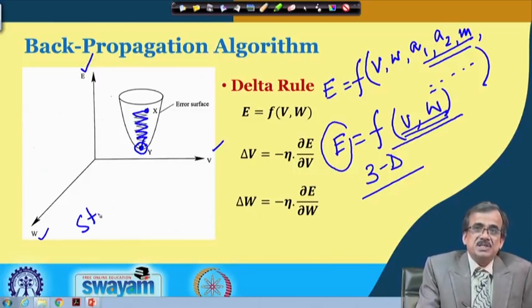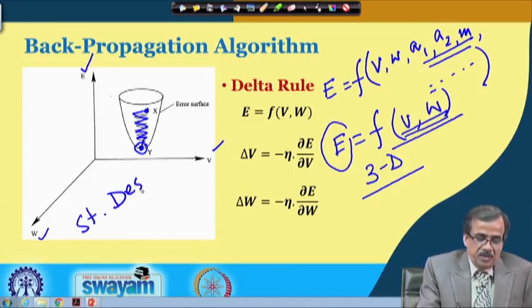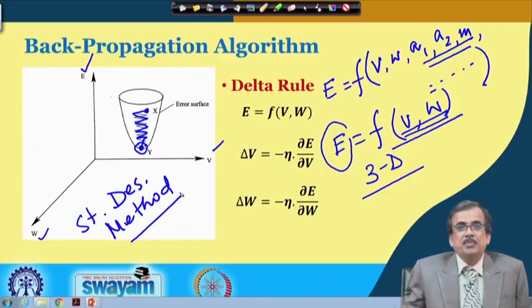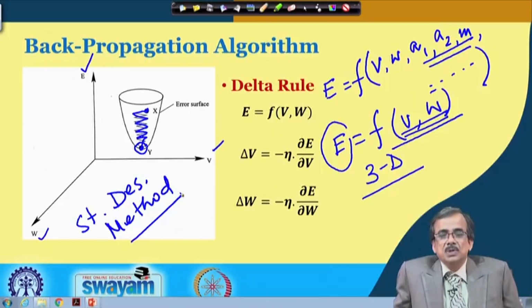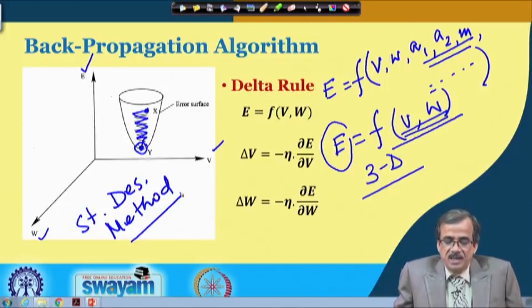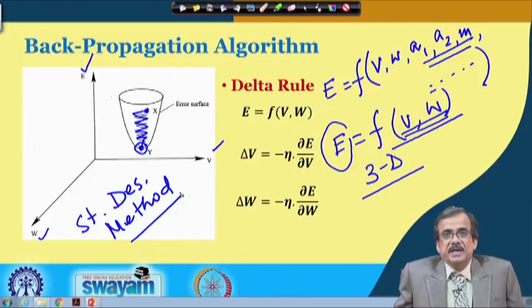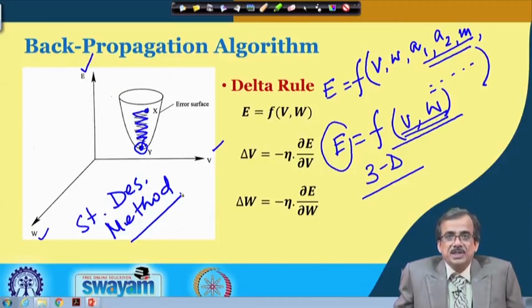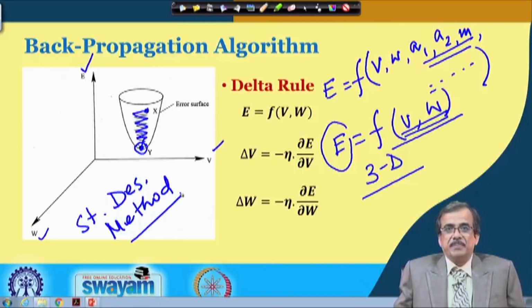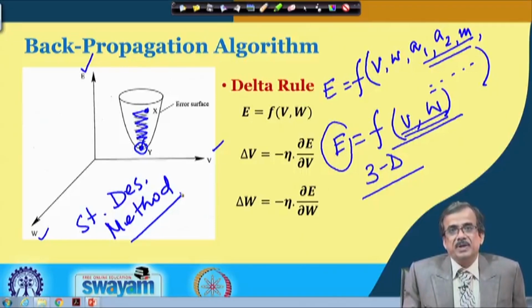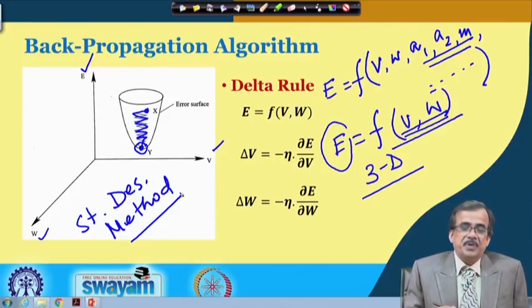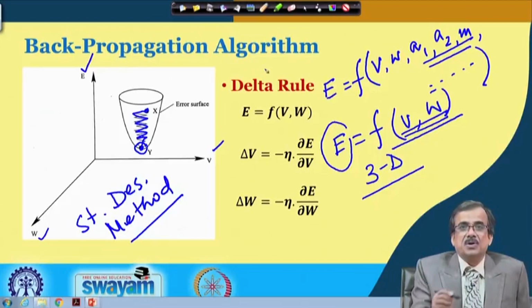This steepest descent method is one of the most popular traditional tools for optimization, and here the search direction is opposite to the gradient. So, we try to find out the gradient direction of the objective function, and try to move in a direction opposite to the gradient. The same principle has been copied here in the back propagation algorithm.